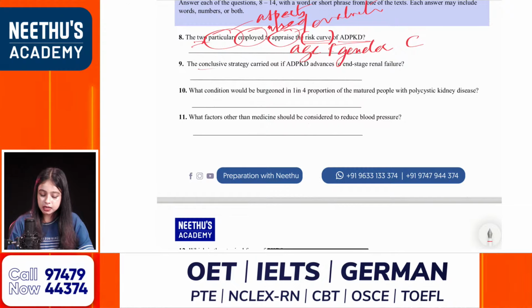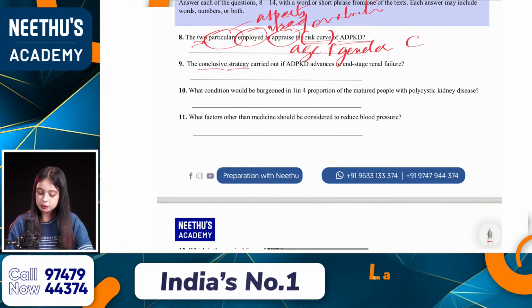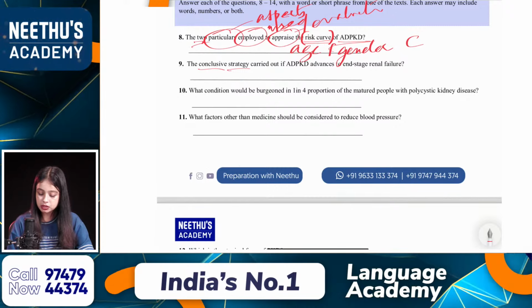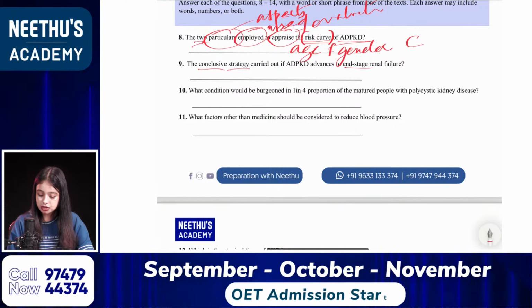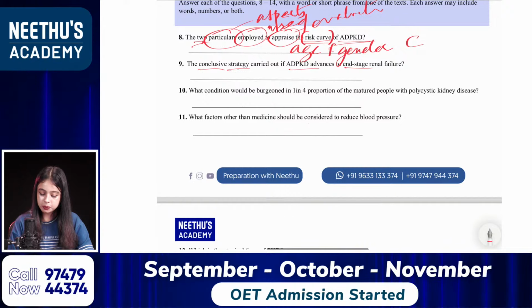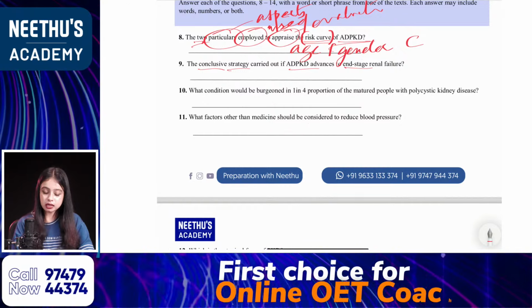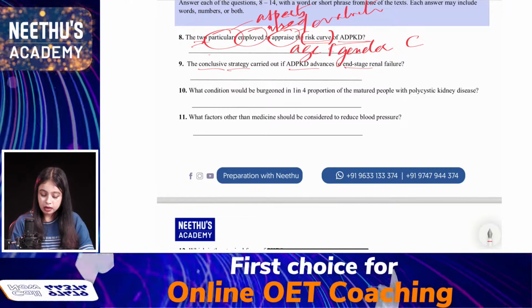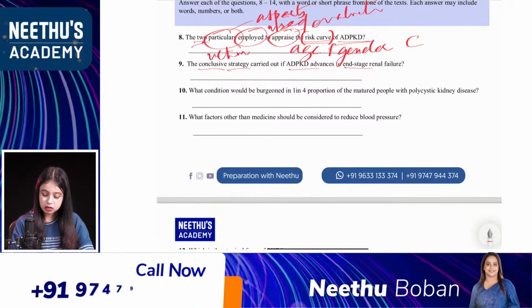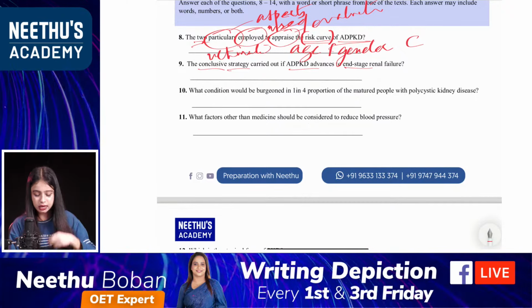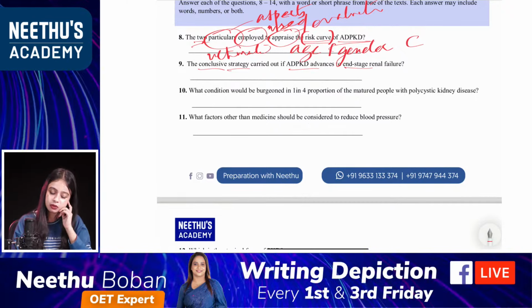The conclusive strategy carried out if ADPKD advances to end stage renal failure. So my keywords: end stage, ADPKD, as well as conclusive strategy. Conclusive means ultimate. And strategy, what is strategy?